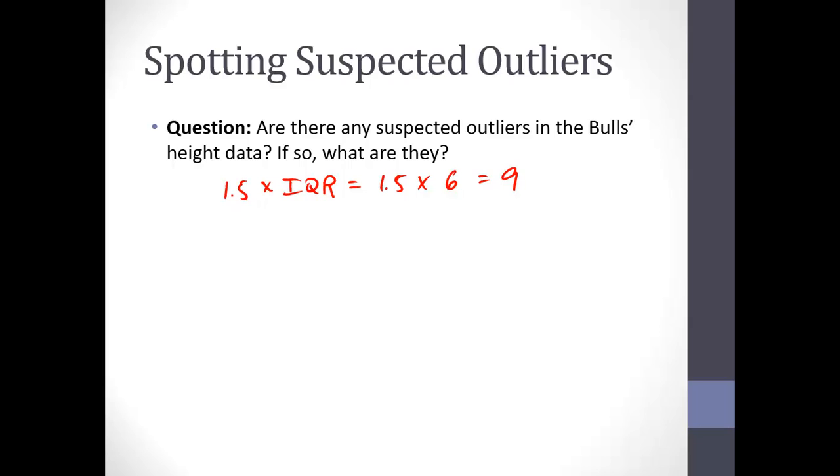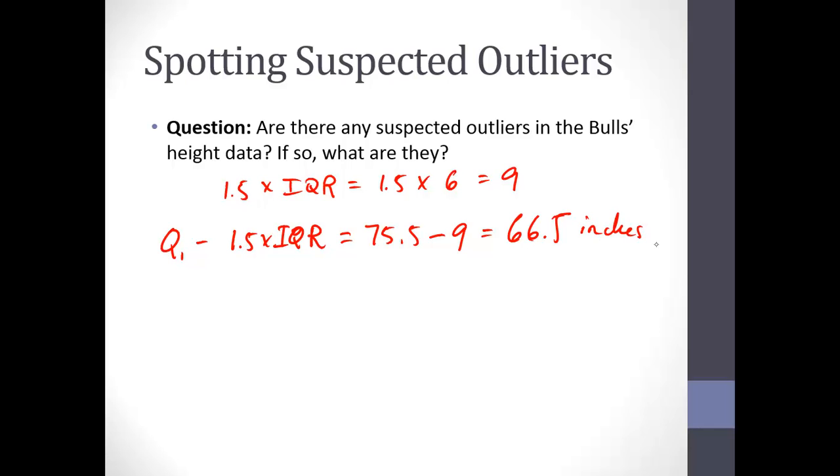And then our lower bound is going to be the first quartile, Q1, minus 1.5 times the IQR. Our first quartile, again, was 75.5 inches. Subtract off 9, and we have 66.5 inches. That's going to be our lower bound. If we look at our upper bound, we'll take the third quartile plus that same number.